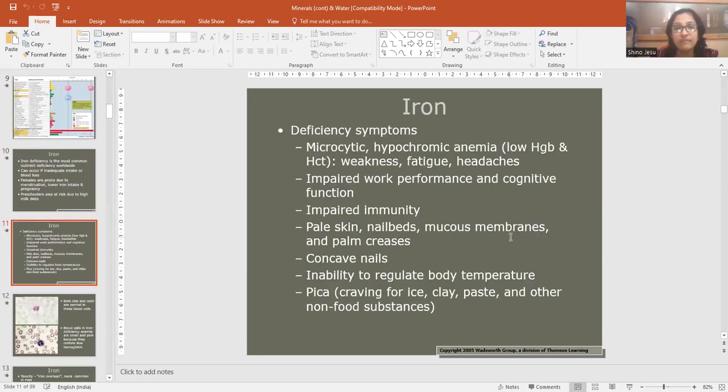Iron deficiency symptoms are microcytic hypochromic anemia, weakness, fatigue, headaches, impaired work performance and cognitive function, impaired immunity, pale skin, nail beds, mucous membranes and palm creases, spoon-shaped nails, inability to regulate body temperature, and craving for ice, clay, paste, and other non-food items.